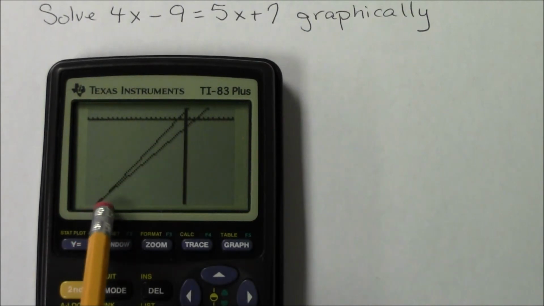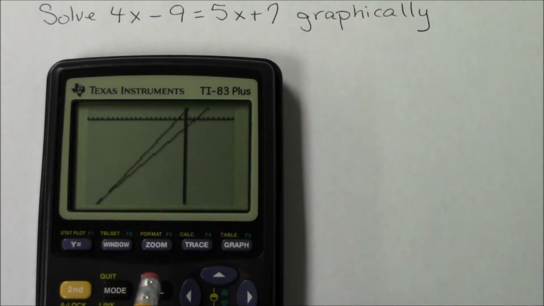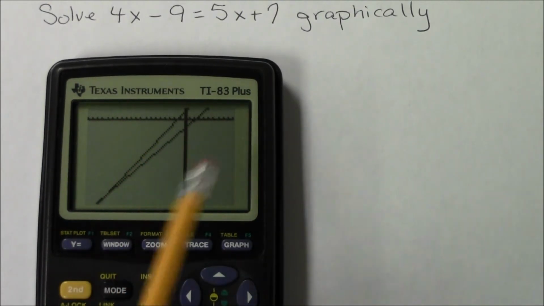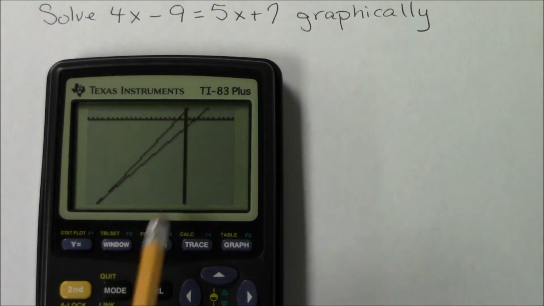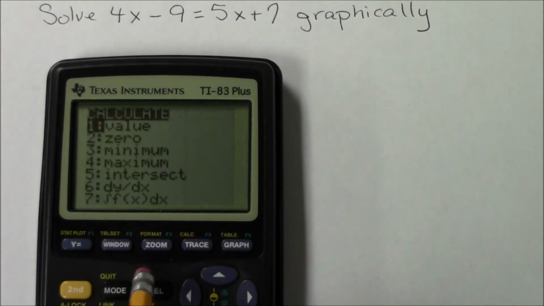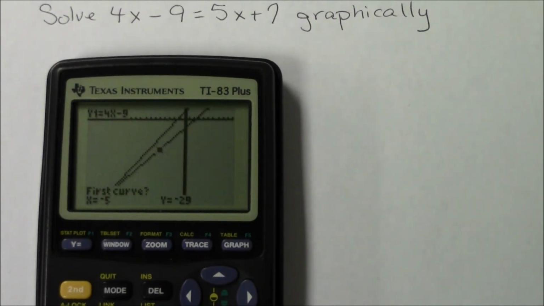As soon as you have the place where the two lines cross, then you can calculate the intersection. If you try to calculate the intersection but the intersection isn't showing, it'll give you an error message. So it's really important to get your window right first. So we're going to do second, calc, intersect, enter, enter on the first curve, enter on the second curve, and enter on the guess.